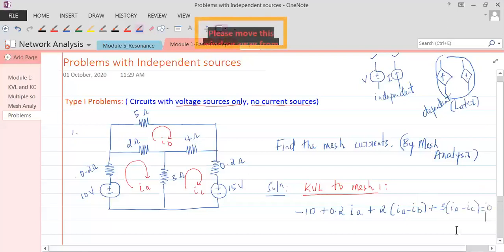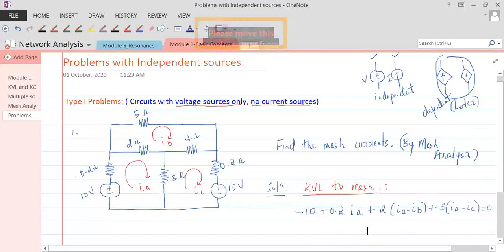So I've taken all the voltages here. The algebraic sum of all these voltages should give you 0. How many voltages are there? Voltage across this 0.2, across this 2, across this 3, and the 10 volts. So totally we have 4 voltages. The algebraic sum of these 4 voltages should give you 0 according to Kirchhoff's voltage law.